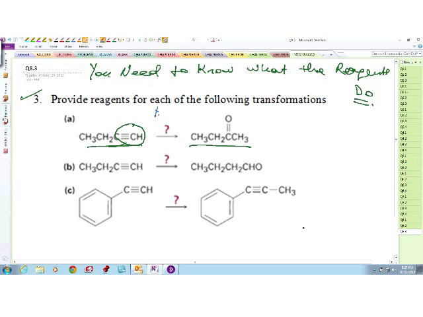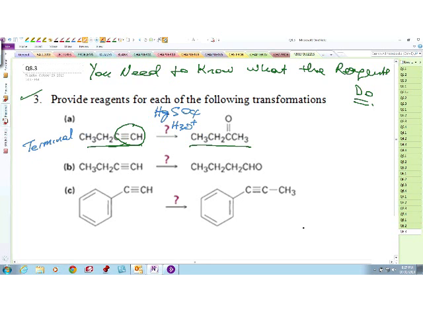So here you need to use mercury sulfate in the presence of dilute acid. This reagent, mercury sulfate in the presence of dilute acid, will transform a terminal alkyne to a methyl ketone.